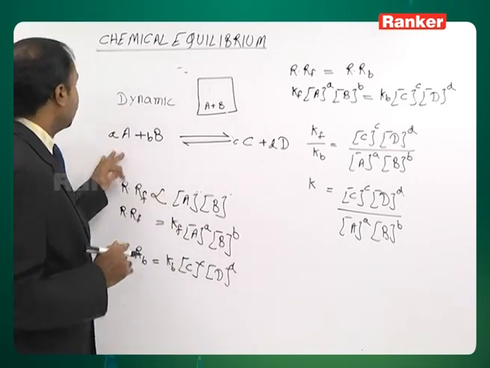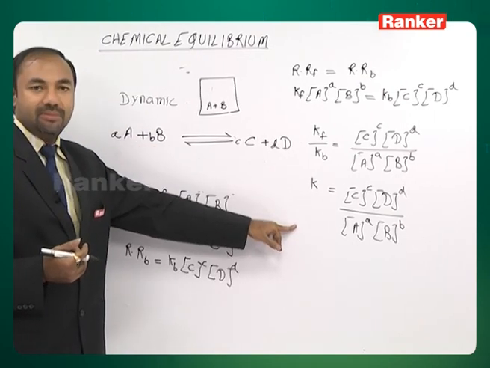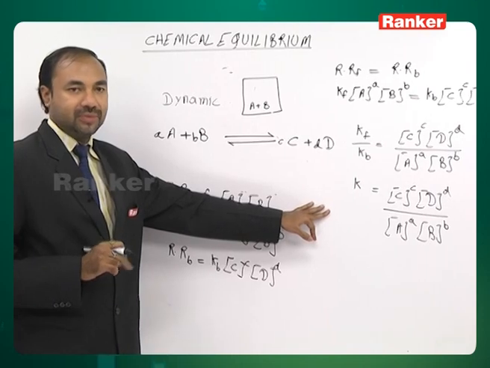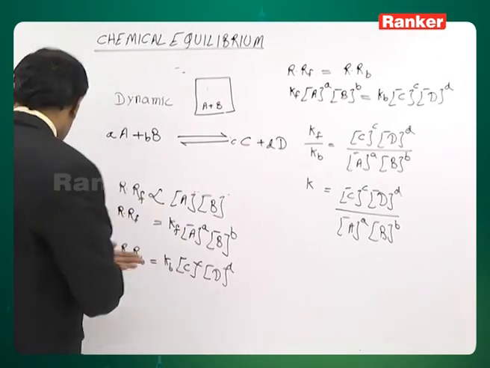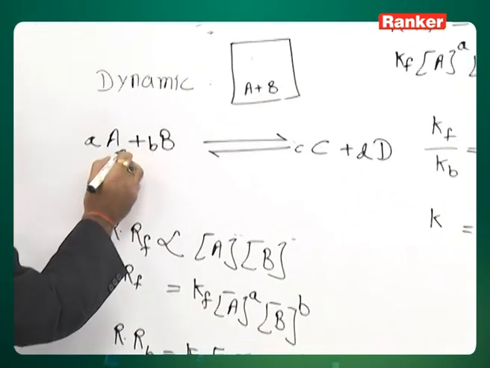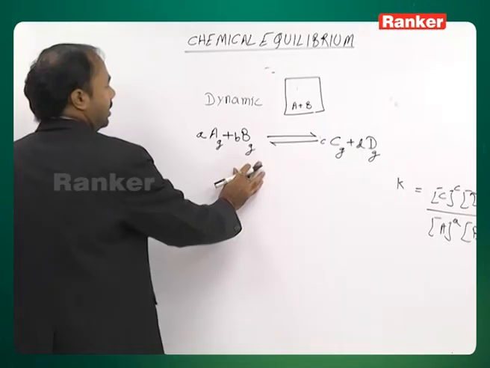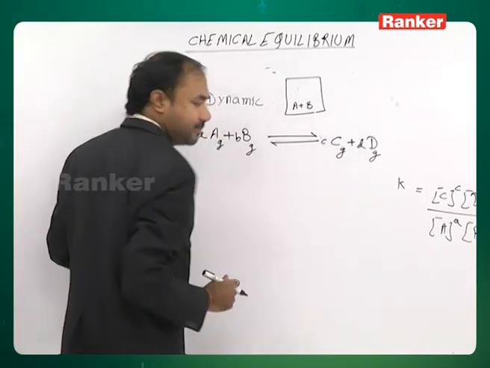Equilibrium constants, depending upon what we use for expressing them, may be mainly of two types. I'll tell you which two types they are. Suppose A, B, C, D are in gaseous state. We assume they are in gaseous state.